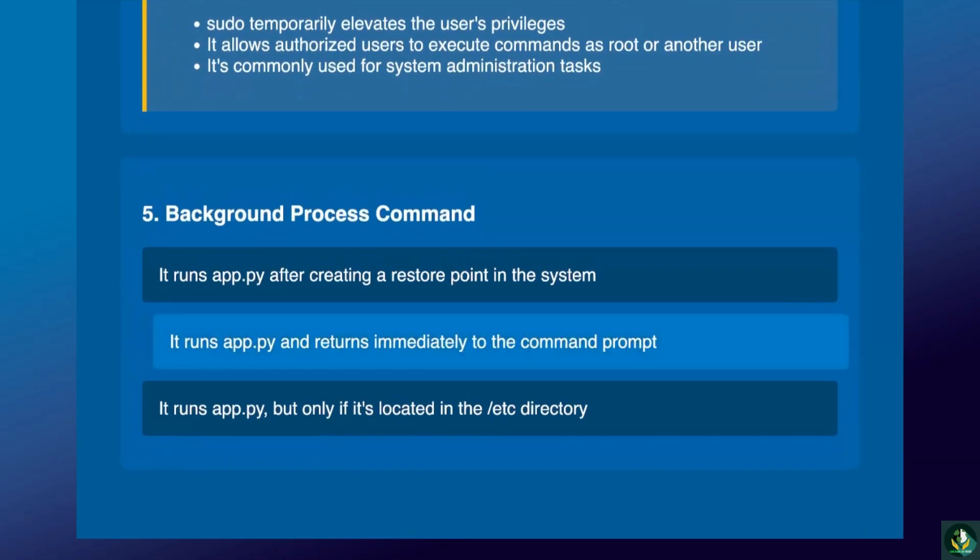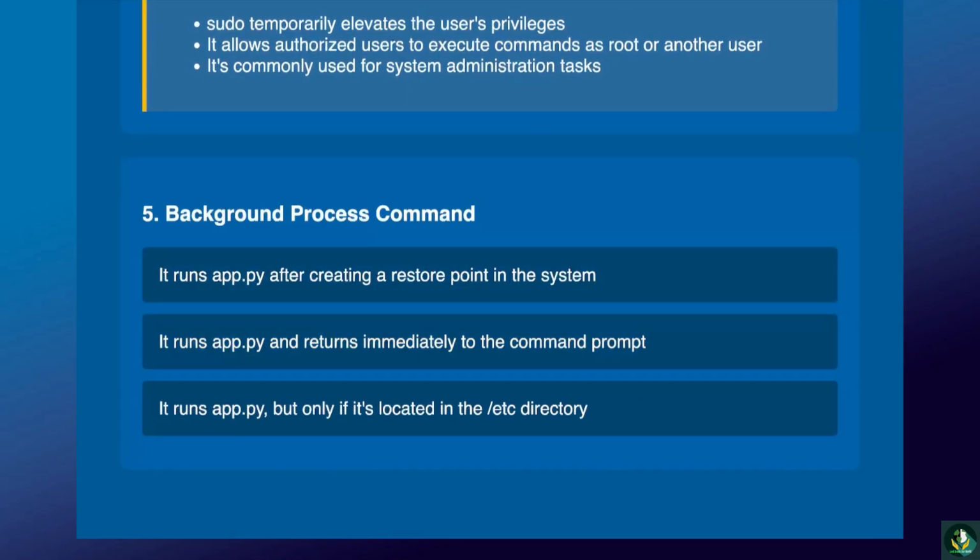And the last command on our knowledge check is on the background process command. Which of the following statements is true about the command python3 app.py followed by an ampersand? So again, the command is python3 app.py ampersand. And the options are as follows.